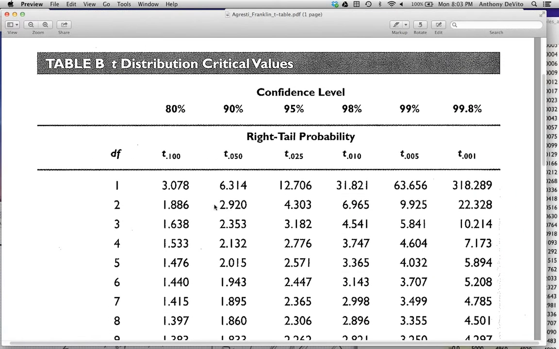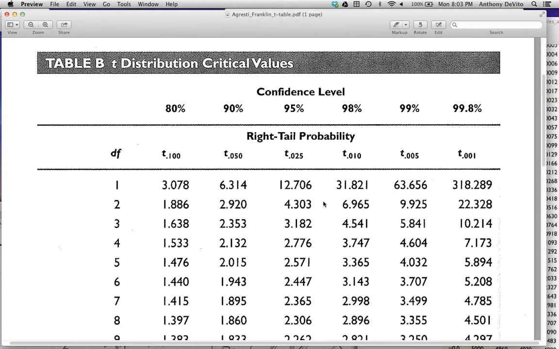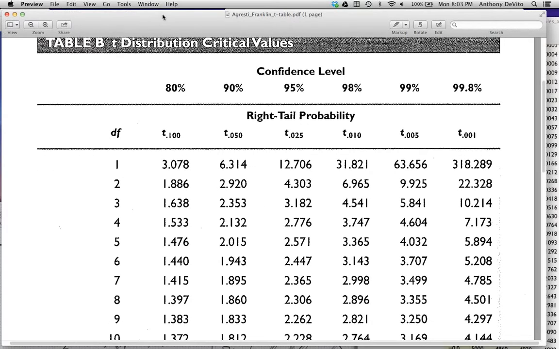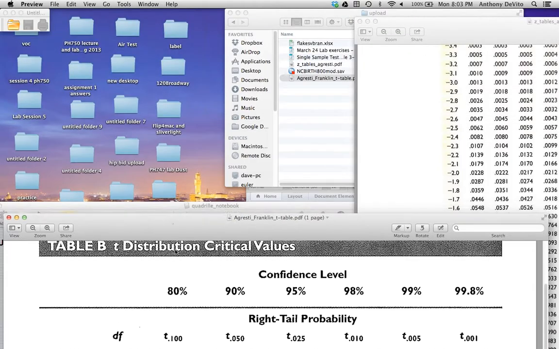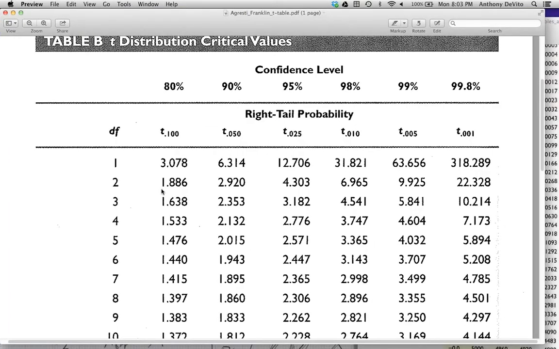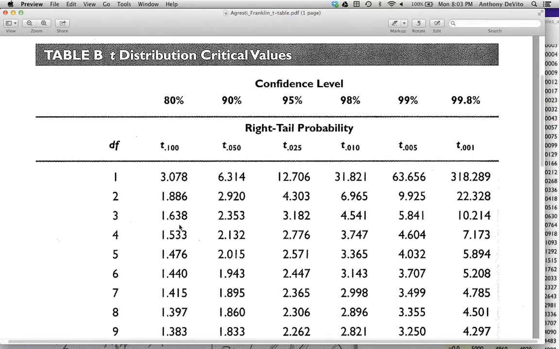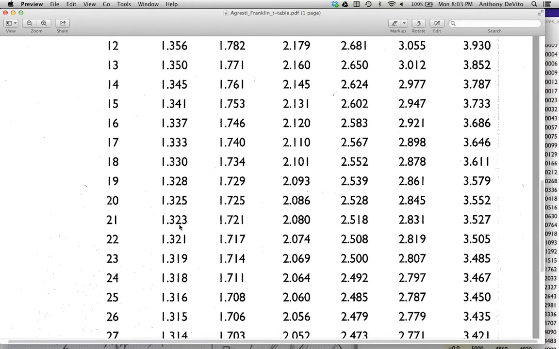First of all, there's a different value in the t-table for different sample sizes. When we were dealing with the z-table, the sample size didn't matter. There was only one z-table for all sample sizes, as long as we knew the standard deviation of the population. When we're dealing with the t-table, the sample size is critical.